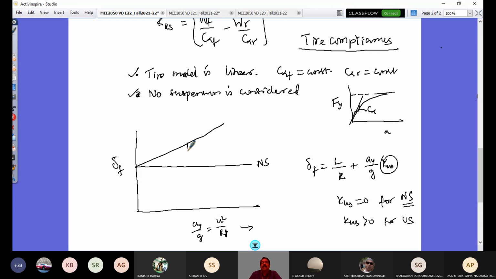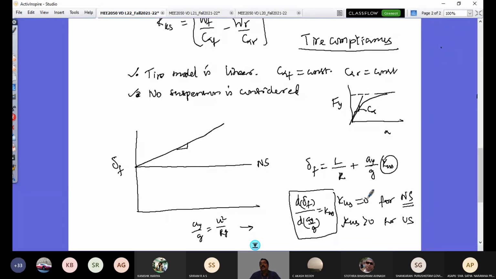So d delta F by d AY by G, if I differentiate with respect to lateral acceleration, this part is constant 0, and I have KUS. If my KUS is positive, as I increase my lateral acceleration, I will have this constant slope, and this is the variation that is going to be.